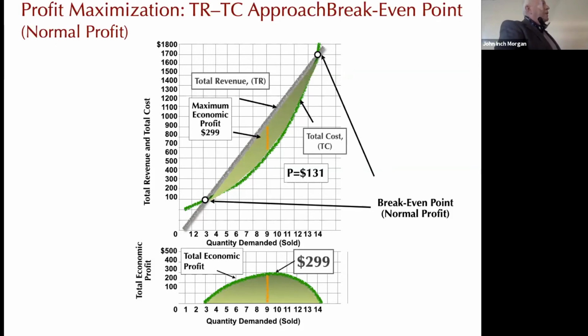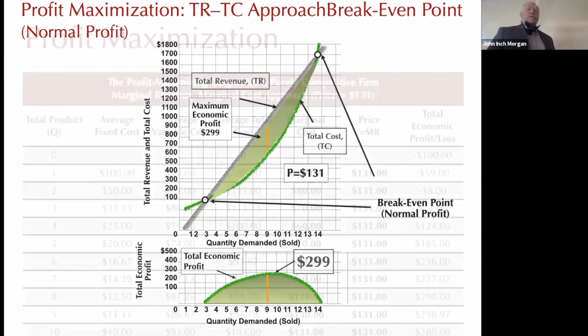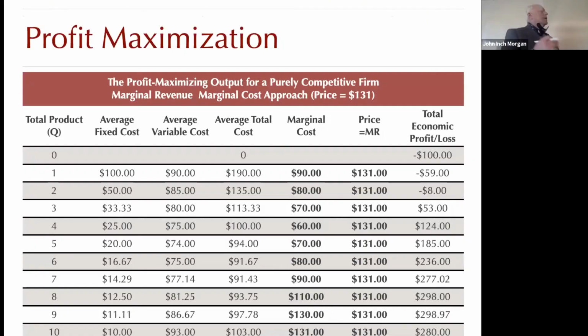And in that green area, you see that there's economic profit all through that. The idea is, where do we maximize that profit? And the key, or the rule that we want to take a look at, is we want to produce at that level where marginal cost equals marginal benefit.